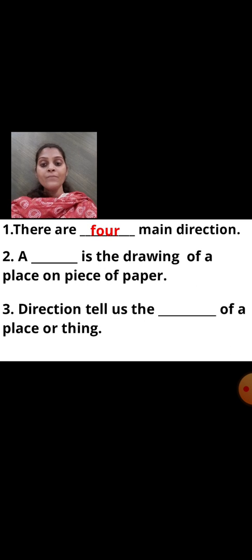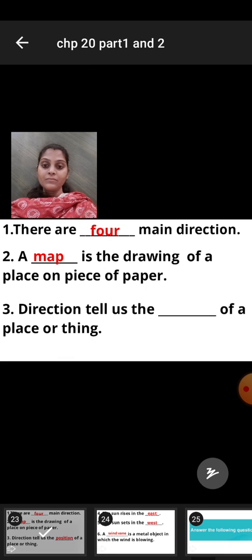Is it clear? Second question: A dash is the drawing of a place on a piece of paper. Suppose you are finding out something, we draw a map. So what answer will you write here? Map. A map is the drawing of a place on a piece of paper.